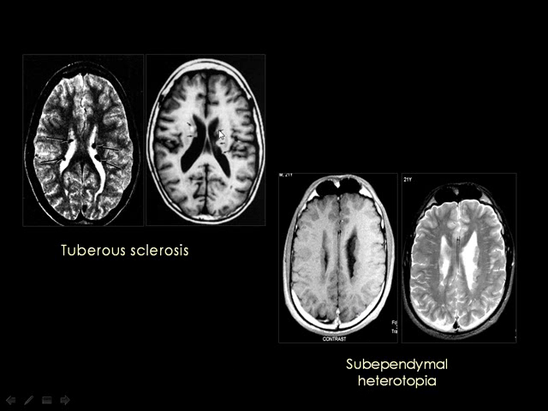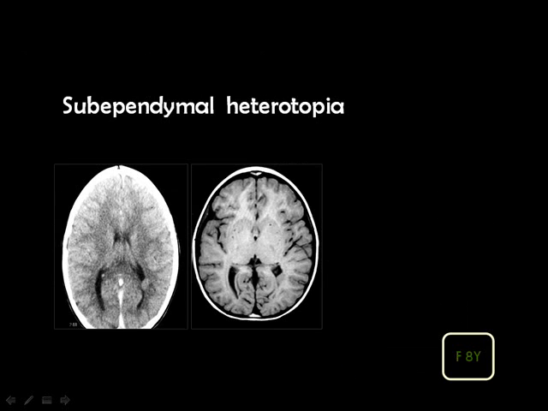Also, the tubers of tuberous sclerosis frequently calcify, and in the T2 weighted image, they show very dark signal compared to the signal of the cortex, while the heterotopia will show the same signal configuration exactly similar to the cortex.